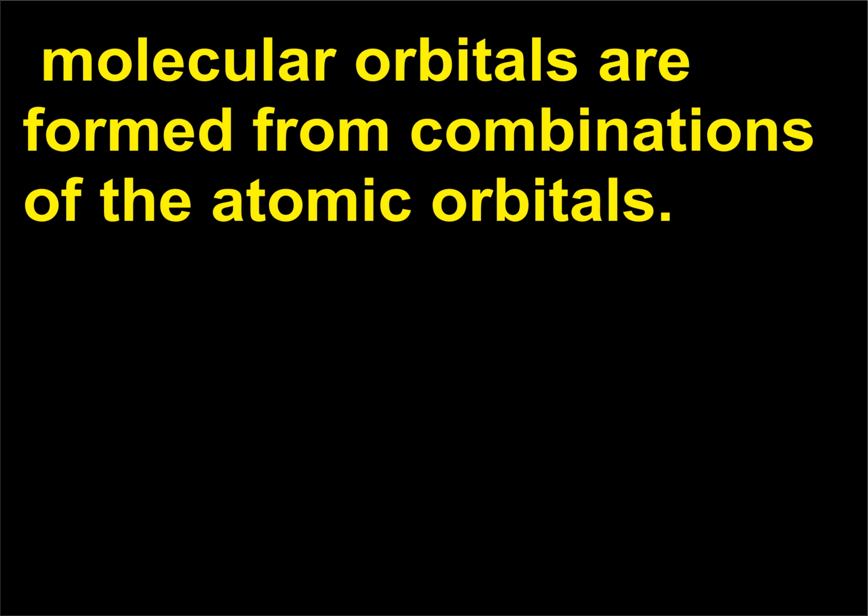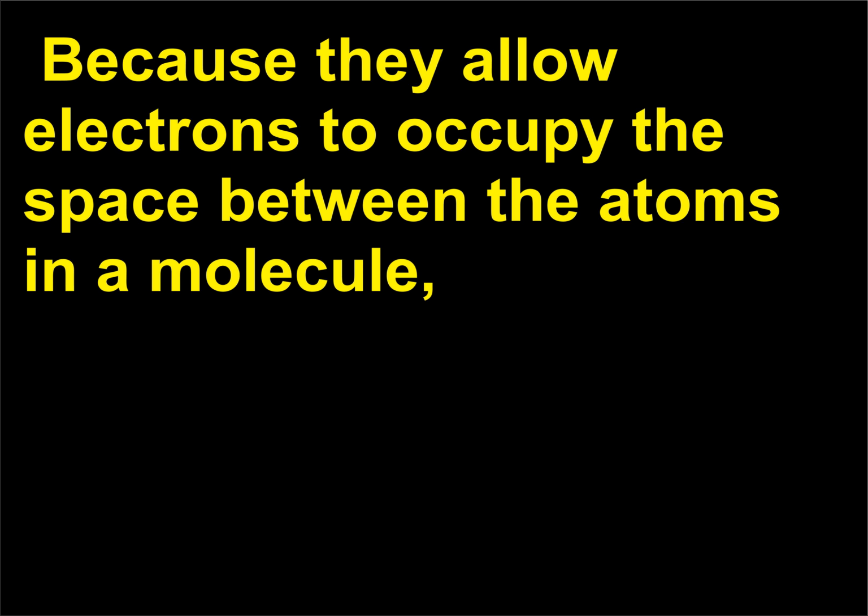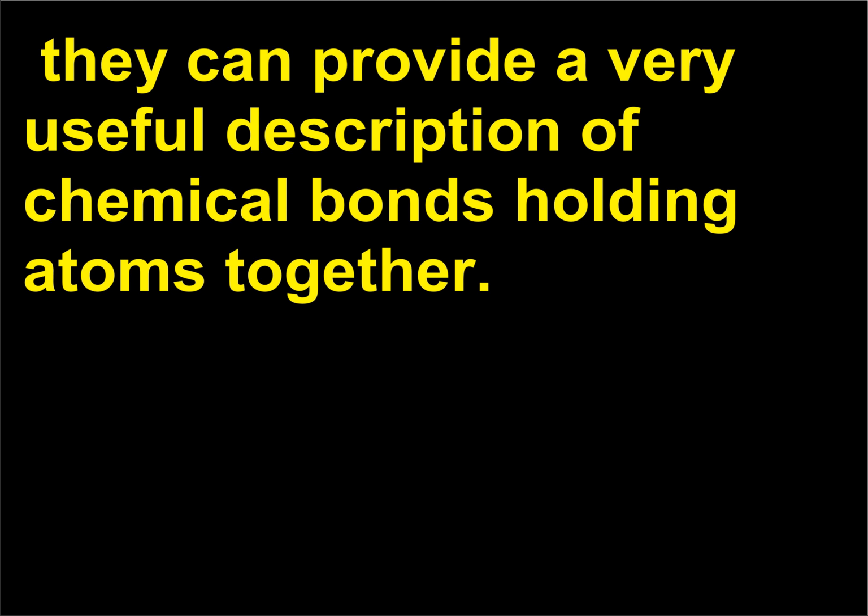Molecular orbitals are formed from combinations of the atomic orbitals. Because they allow electrons to occupy the space between the atoms in a molecule, they can provide a very useful description of chemical bonds holding atoms together.